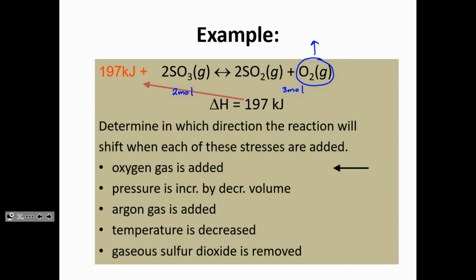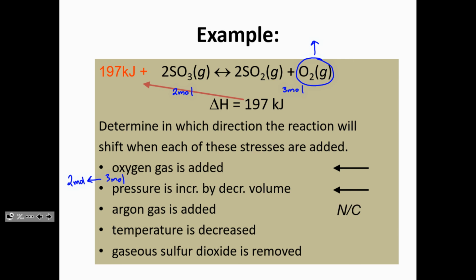If pressure is increased as we decrease volume, we're going to shift to the side that has fewer moles of gas, which would be to the left. So we would be moving from 3 moles to 2 moles. Argon gas is added, no change.